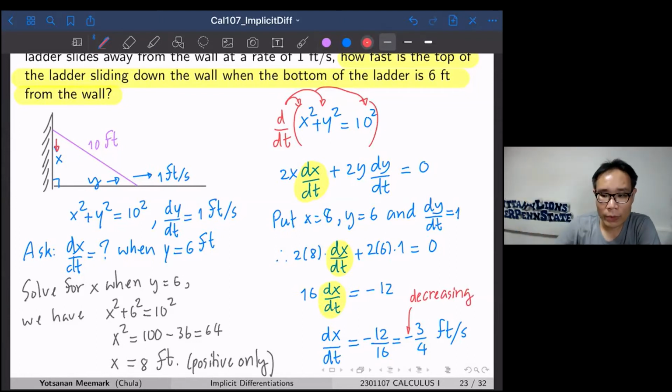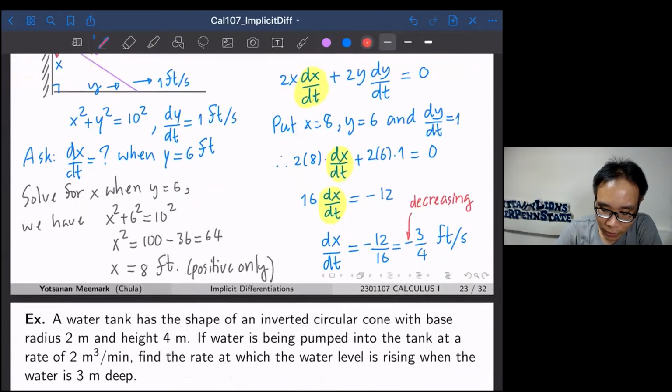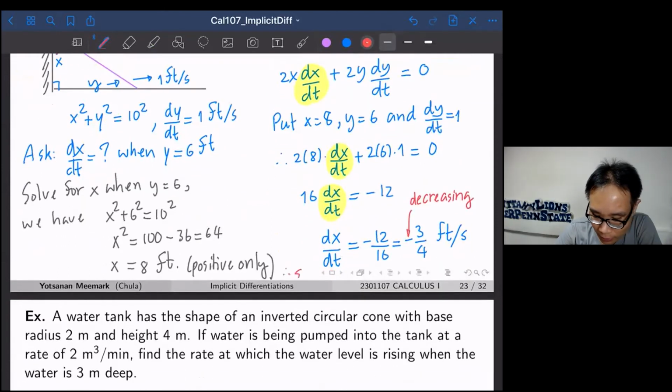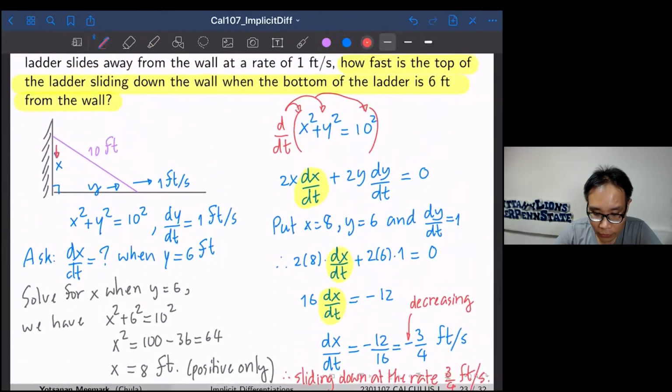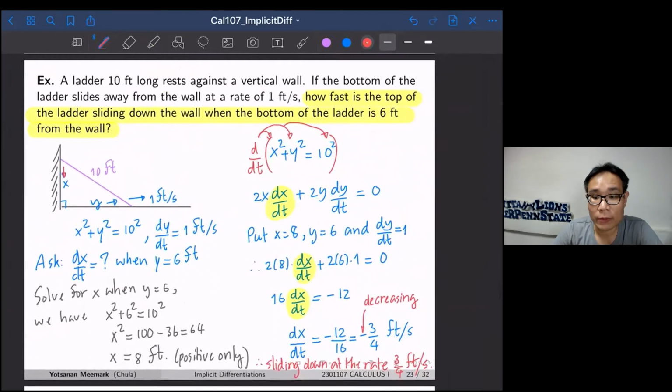So in this case, you can conclude that it's sliding down at the rate of 3/4 feet per second. Okay, so this is all of the thing that we have here.